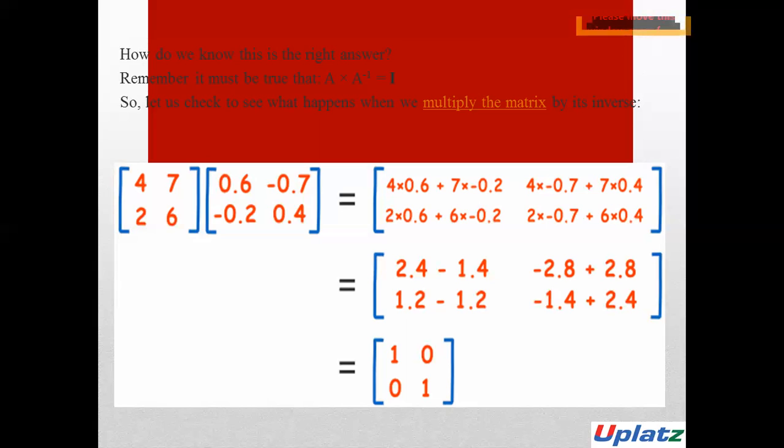Like this, we do the calculations, and we got 2.4 minus 1.4, and minus 2.8 plus 2.8, then 1.2 minus 1.2, then minus 1.4 plus 2.4. So we have got the identity matrix, that is 1, 0, 0, 1.